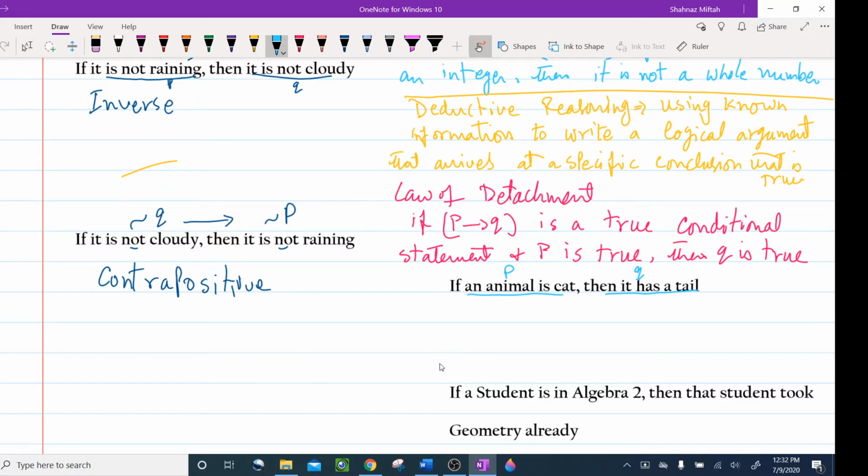What is P here? For a specific example, P is: Onyx is a cat. Okay, that's the name of the cat. Onyx is a cat, therefore, these three dots mean therefore, Onyx has a tail.